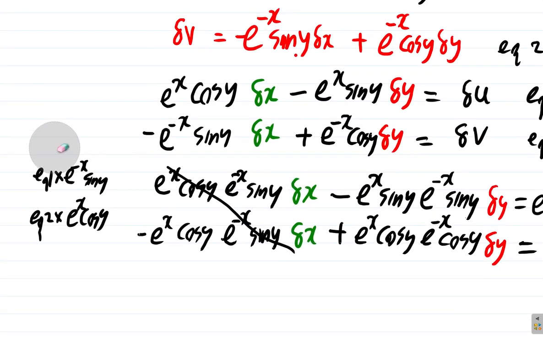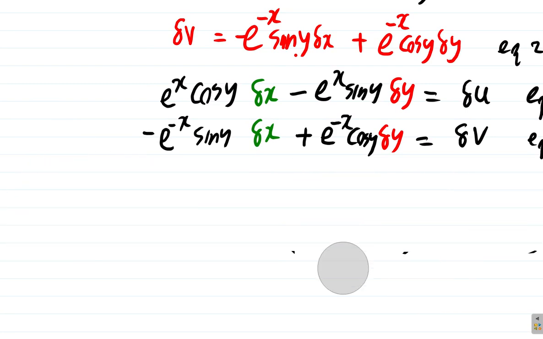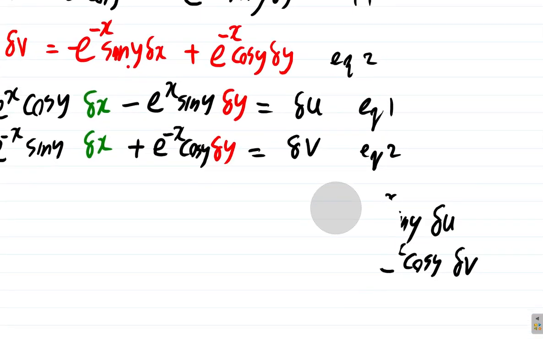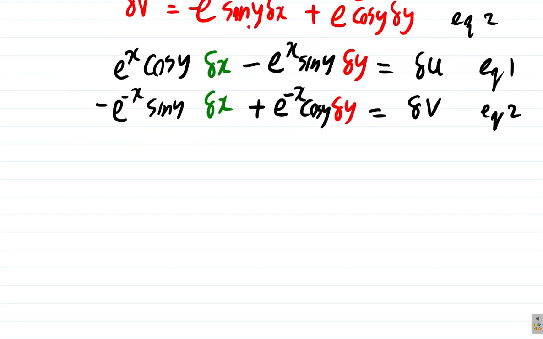So let's erase what we have here. Now equation 1, we're going to multiply equation 1 by this and equation 2 by this.